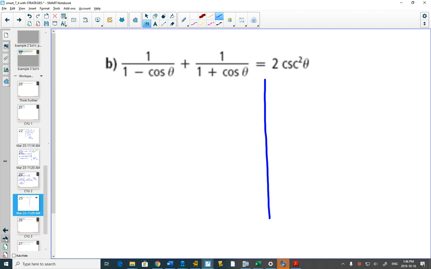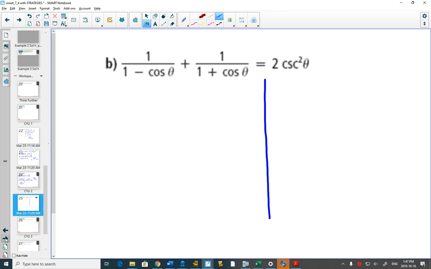Cosecant squared is related to cotangent squared, but since I don't have cotangent on the right-hand side, in this case, it makes more sense to change everything to sine and cos, strategy number 1, and get a single fraction on both sides. The first issue that has come up, and I walked around, and thankfully some of you made this mistake to help demonstrate this.